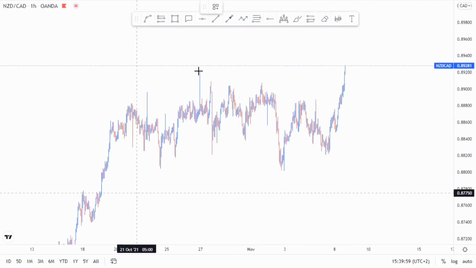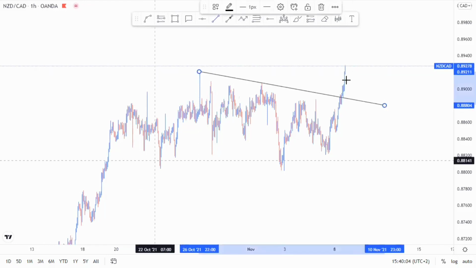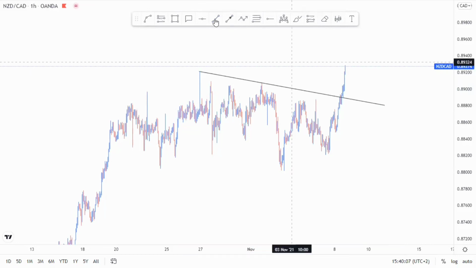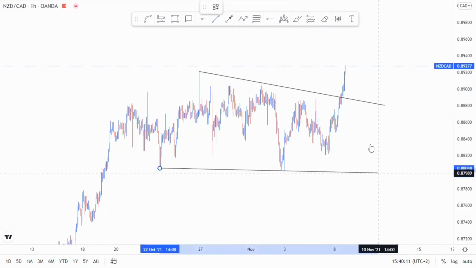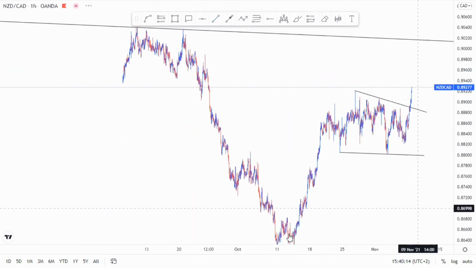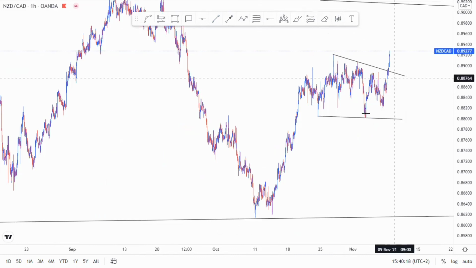On the 1 hour, I see that here is also a pattern. As you can see, this is a correction. Now it broke out impulsively. And here's a beautiful continuation pattern. And here is an impulse, correction, going for another impulse to the upside.